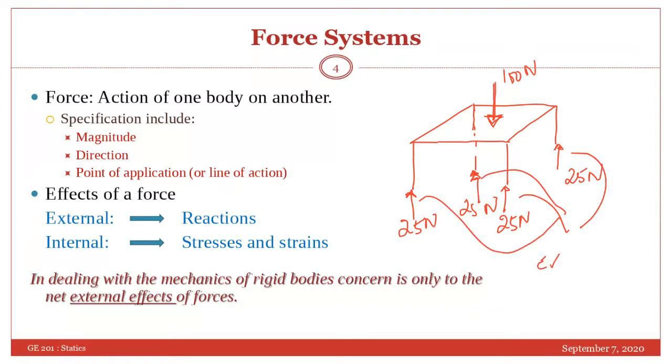Whether the body is deformable or rigid, you will always see the external effect. In order to balance the force, if the body is not going to have acceleration, it has to be balanced. Then this external effect must be produced to balance the force.